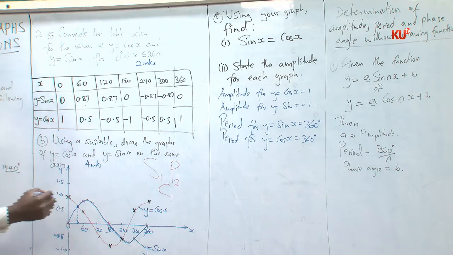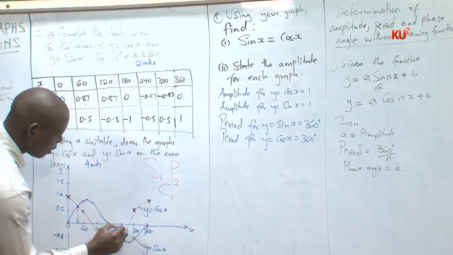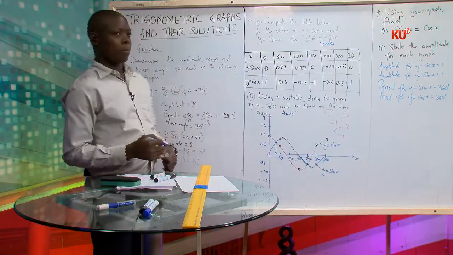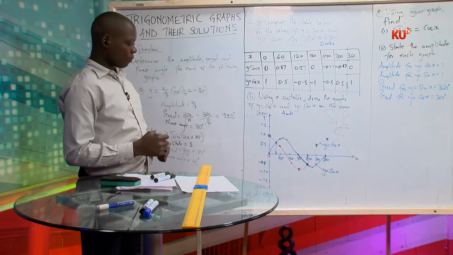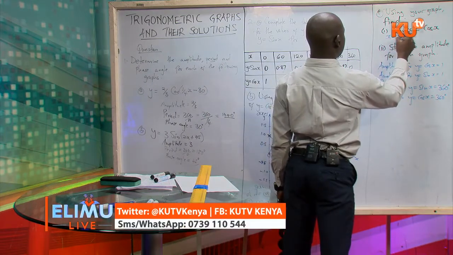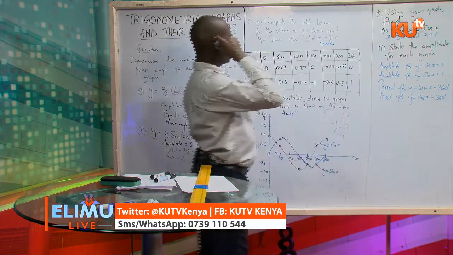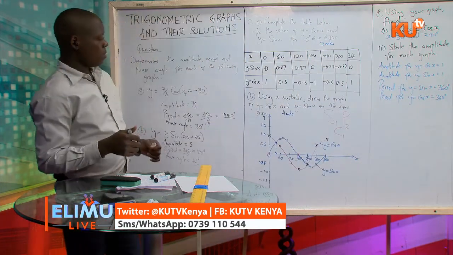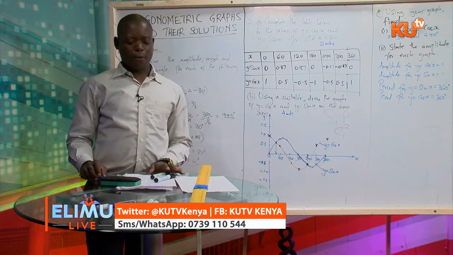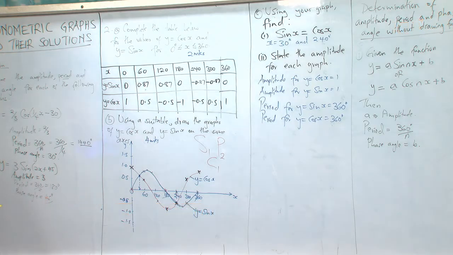You have to show the marks of extrapolation. That will be the point where the two graphs are equal. So you'll note that the value of x will be 30 degrees and 240 degrees. That is the point where the two graphs are equal when you draw the graph of y is sine x and y is cos x.